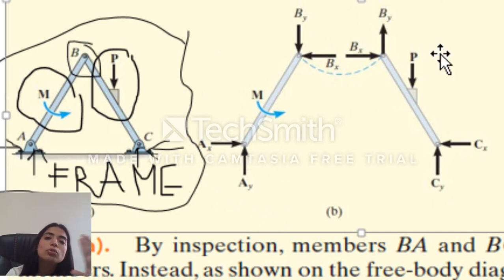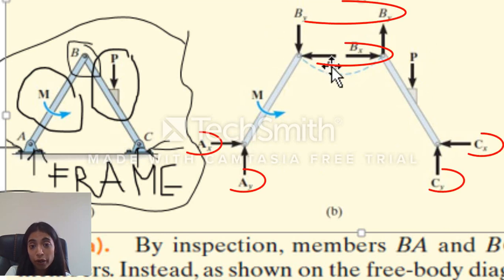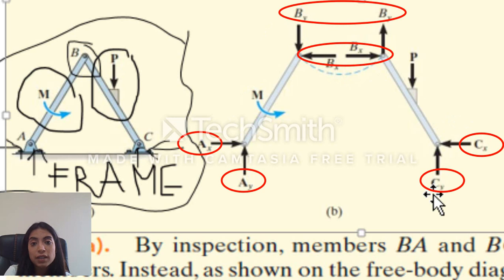How many equations do I have for AB? Three equations, sum of x, sum of y, sum of m. How many equations do I have for BC? Three equations, sum of x, sum of y, sum of m. So how many equations do I have if I solve for both separated members? 6 equations. Now how many unknowns do I have for both separated members? 1, 2, 3, 4, 5, 6.